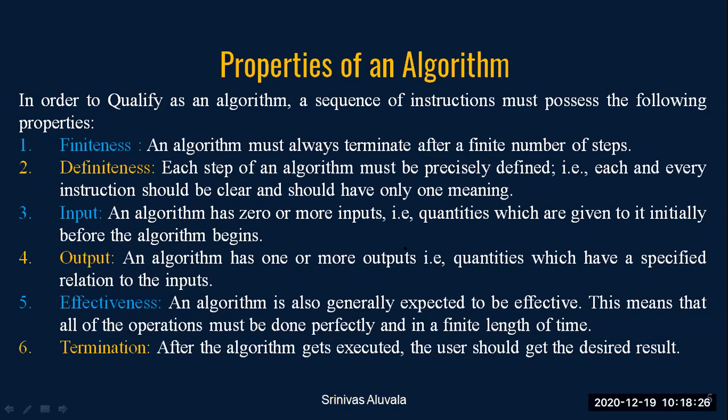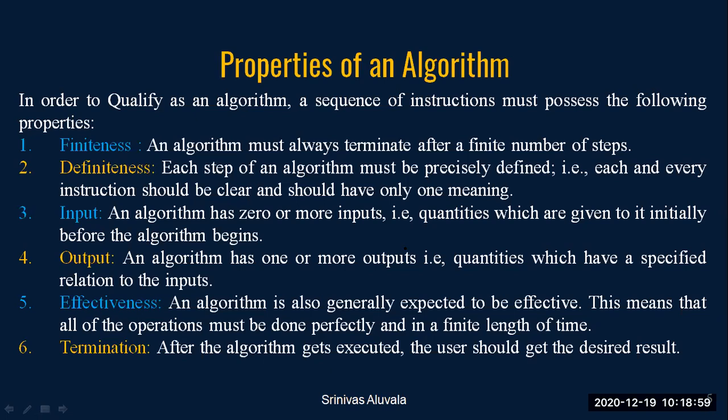So whatever steps we write in sequence, the method we adopt of writing the steps in sequence to get a solution to our problem, to get an answer or a result to our problem, possessing all these properties: finiteness, definiteness, input, output, effectiveness, and termination, then those steps, that method is called an algorithm.